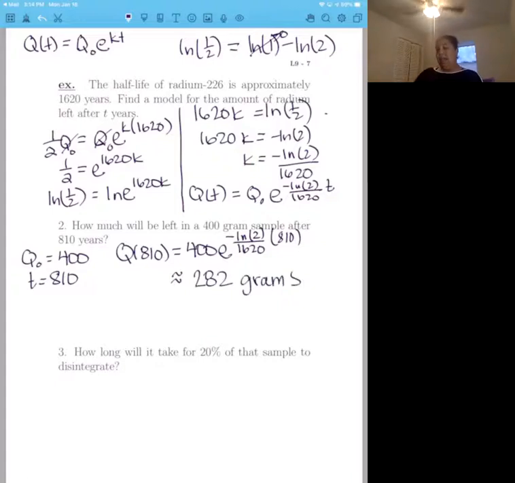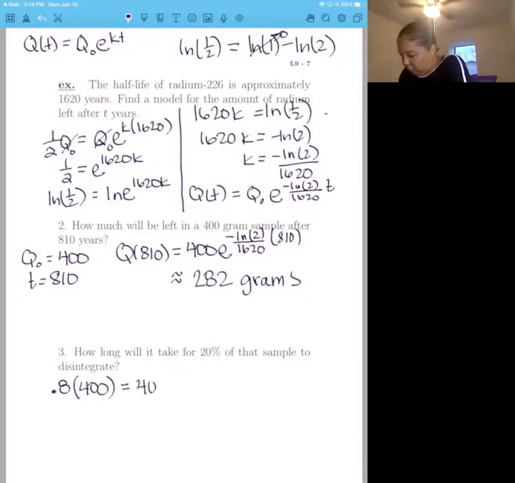Now it asks how long it will take for 20% of that sample to disintegrate. If 20% of it has disintegrated, then how much would be left? That would be 80%, right? So I want what's left over to be 0.8 of that 400-gram sample.